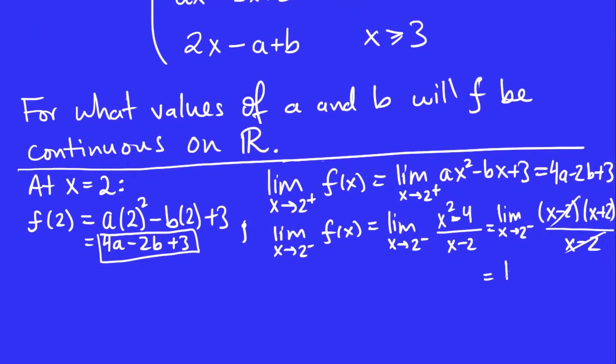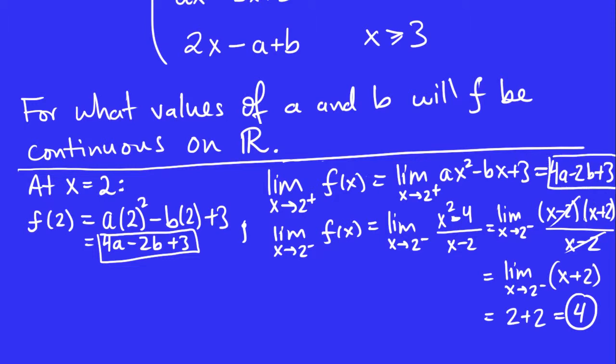So it looks like this limit is really the same as the limit of just x plus 2. And now we're back to the limit of a polynomial, so I can just put that in, and I get 4. So the 3 quantities that I get here are the 4a minus 2b plus 3 and 4, right?